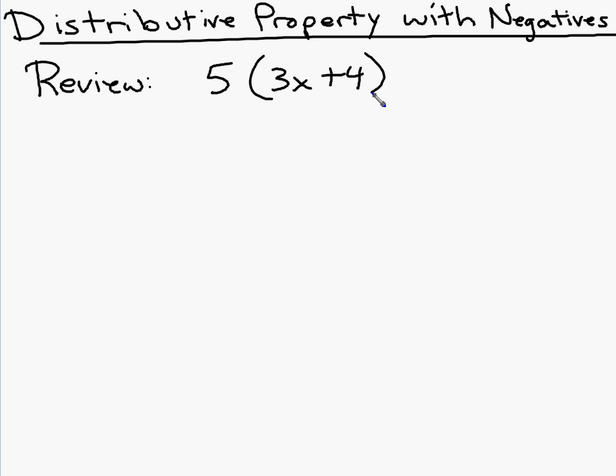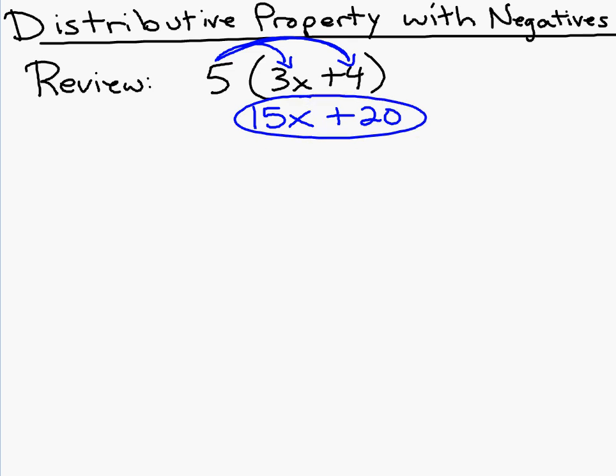The distributive property, it's actually the distributive property of multiplication over addition, says that I multiply over top of what's inside. So 5 times 3 is 15, so this would be 15x plus 5 times 4 is 20, and that would be my answer.